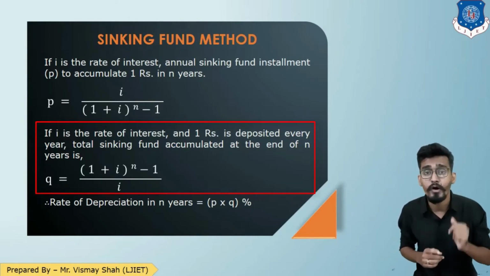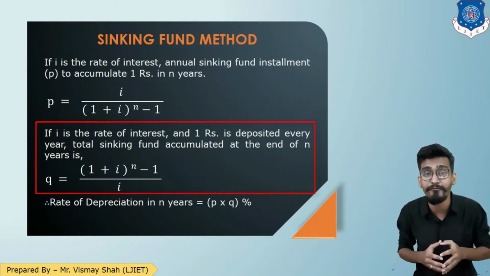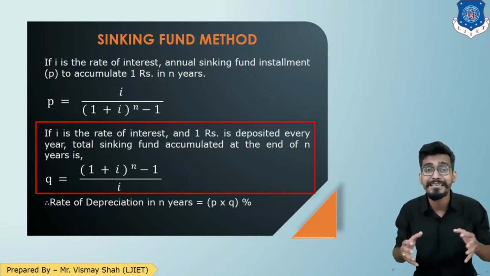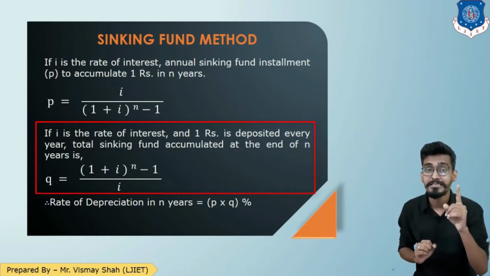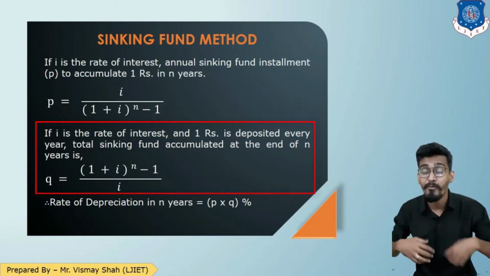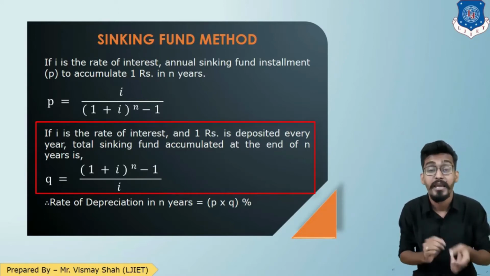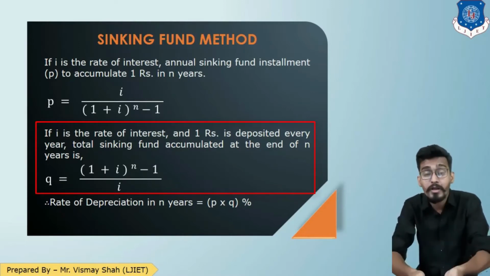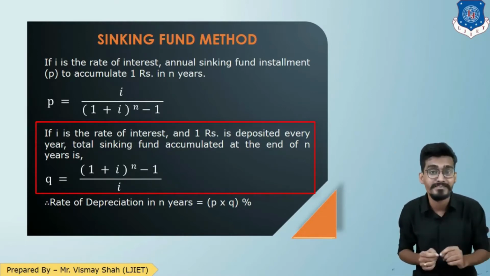Repeat with me. Q formula is saying that if I deposit 1 rupee as a sinking fund every year, what will I get at the end of n years? In the P formula, the scenario was reversed: how much amount should I invest to get 1 rupee at the end of n years? Here, I am depositing 1 rupee every year. How much money will I get at the end of n years?